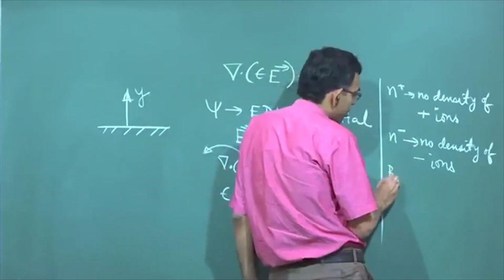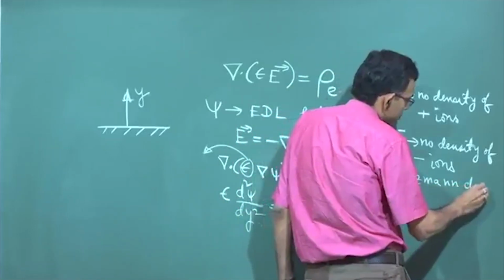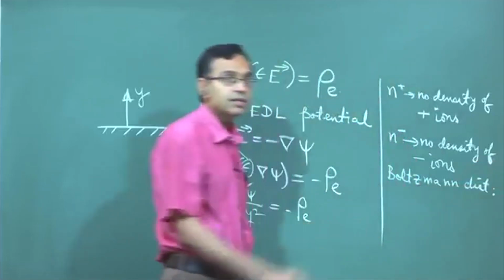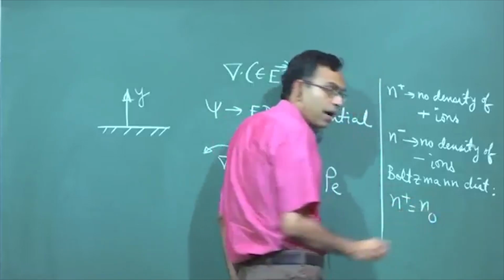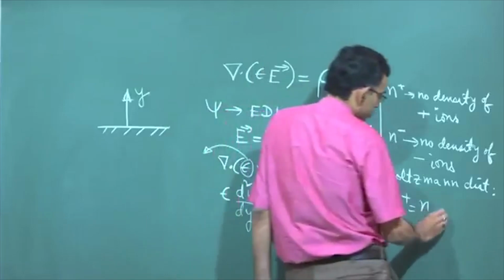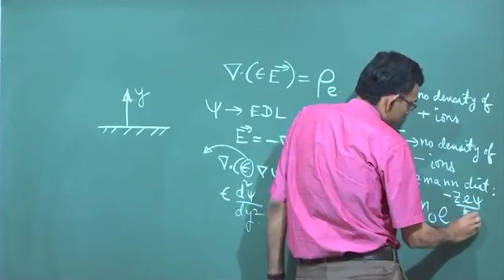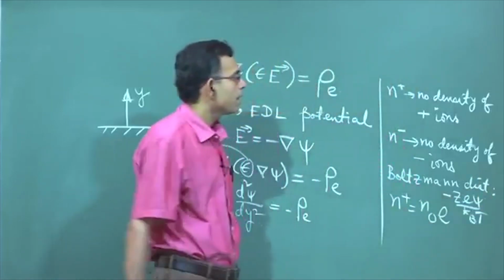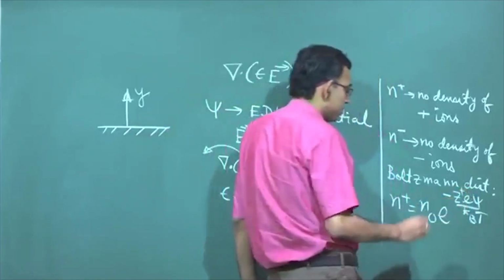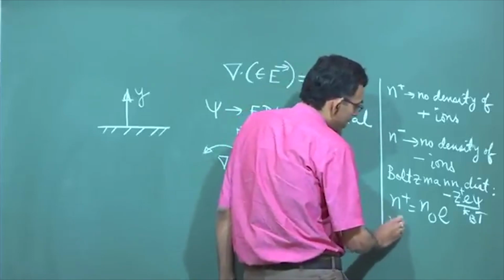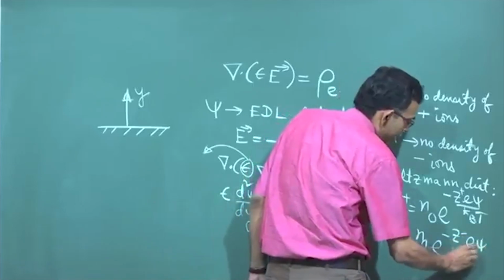So, the Boltzmann distribution, which we derived in the previous lecture, tells that n plus is equal to n0 e to the power minus Z plus e psi by kBT, where n0 is the bulk concentration and Z is the valency of the positive ions. And n minus is n0 e to the power minus Z minus e psi by kBT.